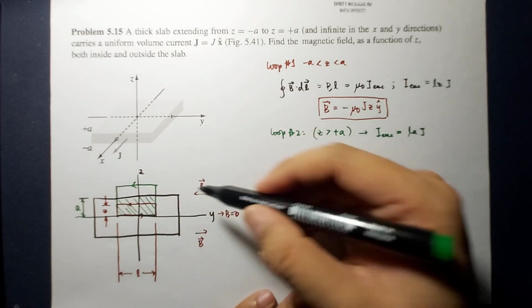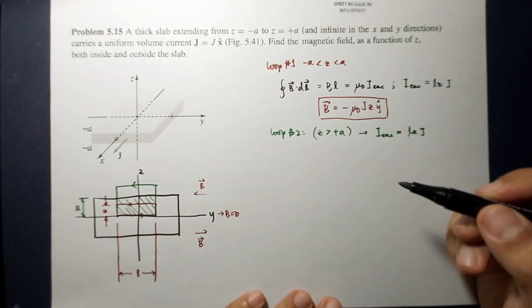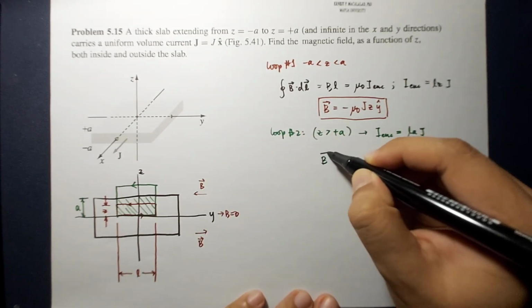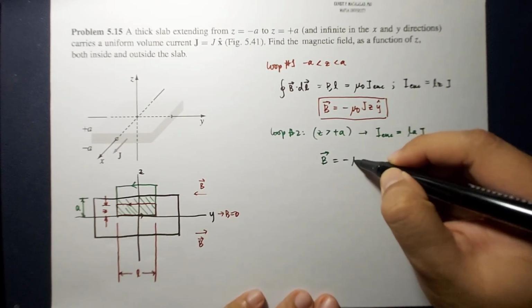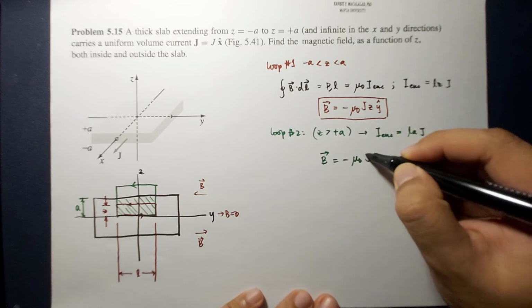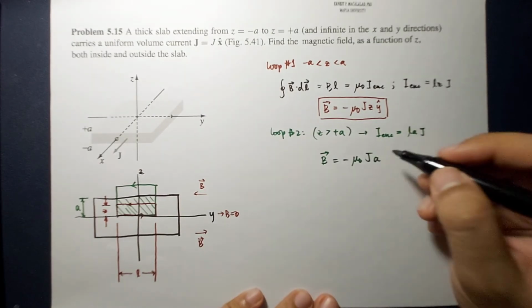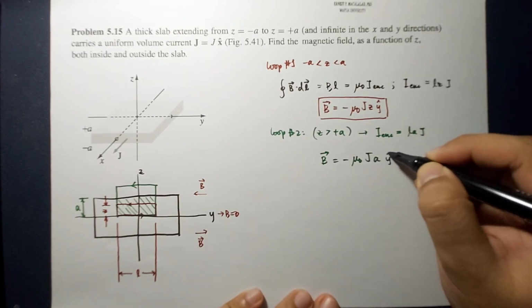So above, the direction would be negative. So B is equal to negative mu naught J A y hat.